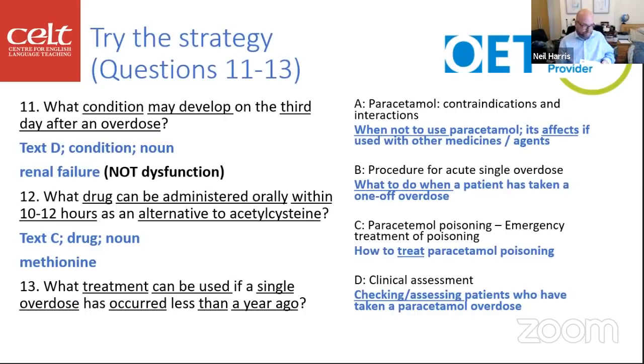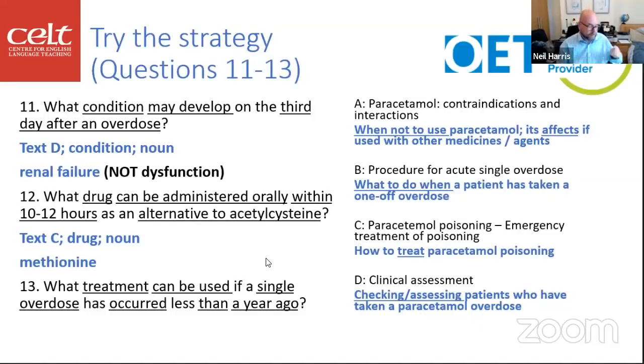Finally, question 13. Same process. Which text? What kind of information are we looking for? What part of speech are we looking for? Now, I'd imagine a number of you would quickly see the link between treatment and treatment in C, understandably so.